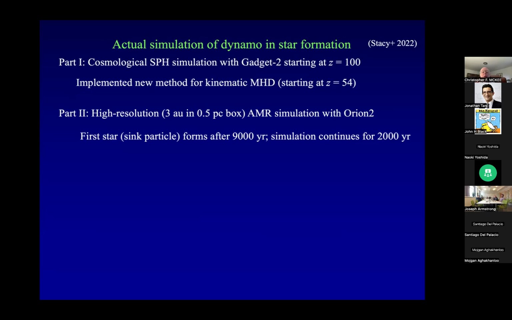Then once the magnetic field had grown to a value where it was becoming nonlinear, we switched over to a high-resolution adaptive mesh refinement simulation using our code Orion 2. The resolution there was 3 AU in a 0.5 parsec box. We followed this simulation for 9,000 years, after which the first star formed, and then continued the simulation for 2,000 more years.